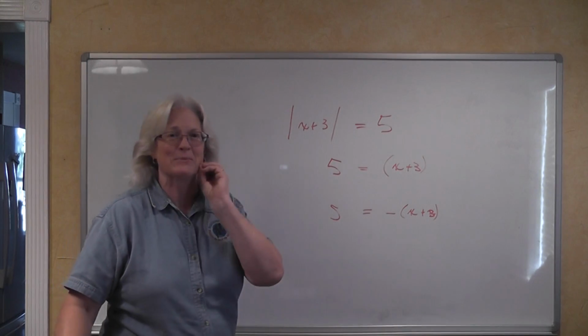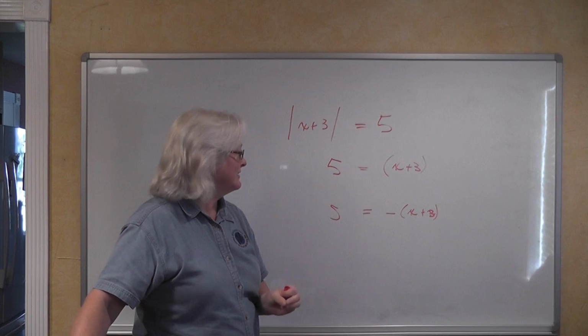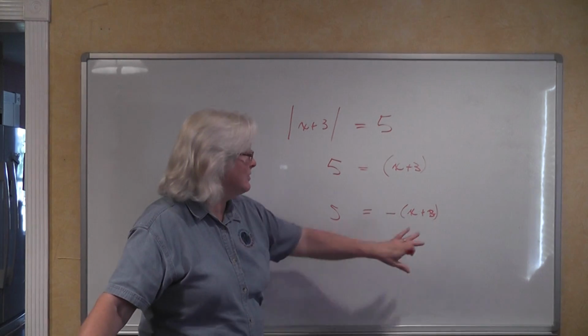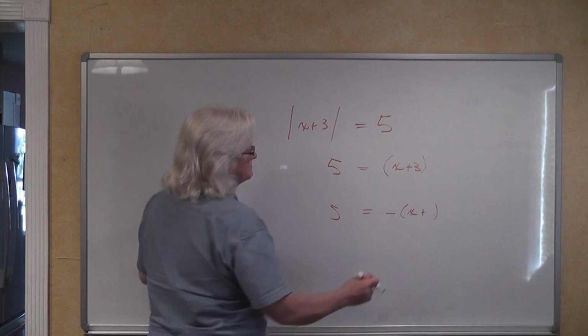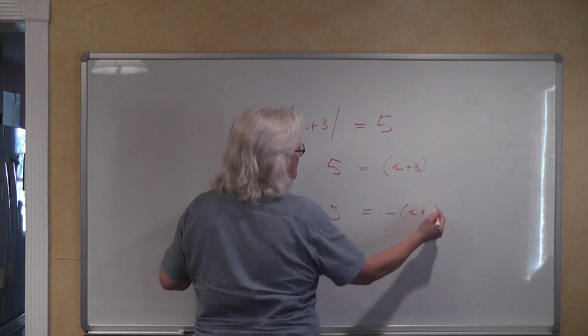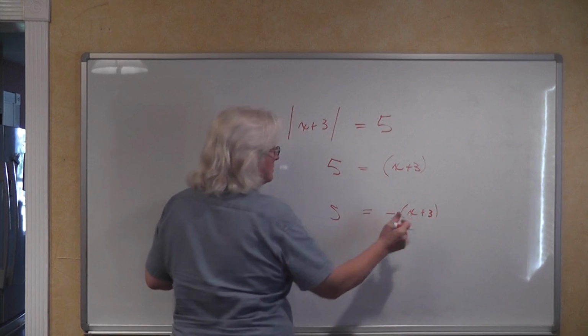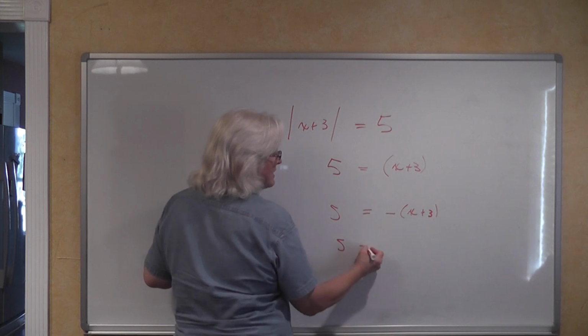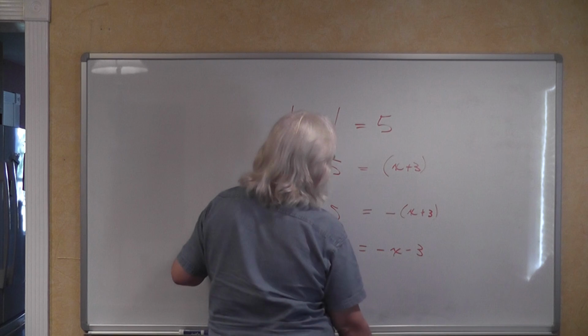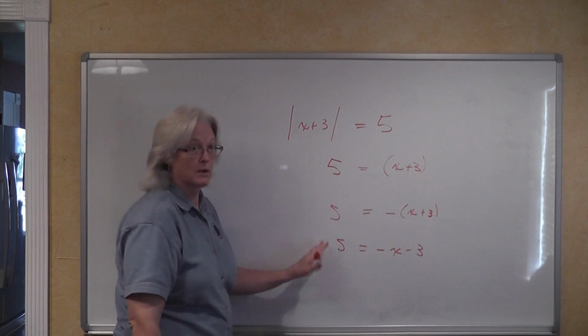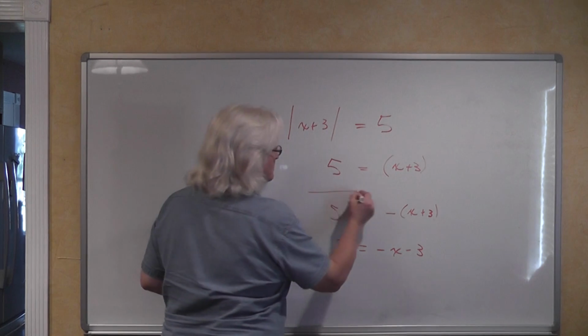Now, I'm doing this right off the top of my head. I really hope that it's going to work. Okay, let's see what we have. If we distribute this negative sign here, we have 5 is equal to the opposite of x minus 3. I'm just solving this equation right here.